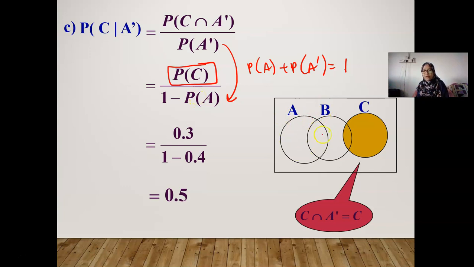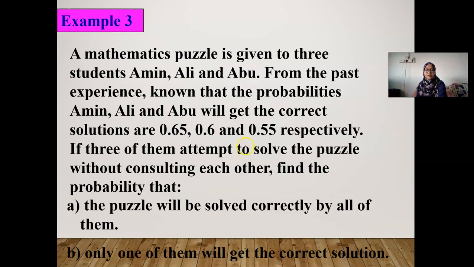Part ni di sini dia tidak overlap. Okay, so PC intersect A prime, so definitely itself lah. Dapatlah C di sini. Okay, sometimes it is good for you to sketch dia punya Venn diagram as well. So PC over 1 minus PA, just masukkan the value, then you get the answer.